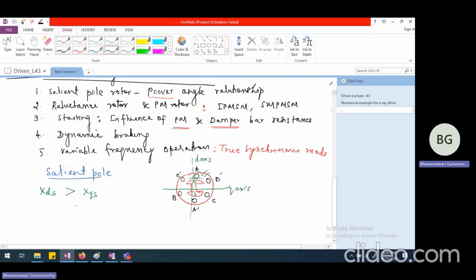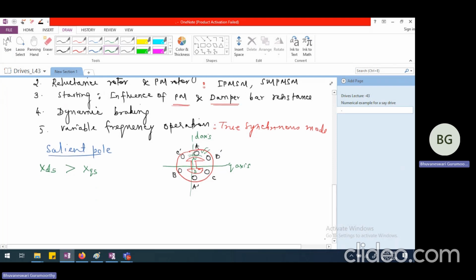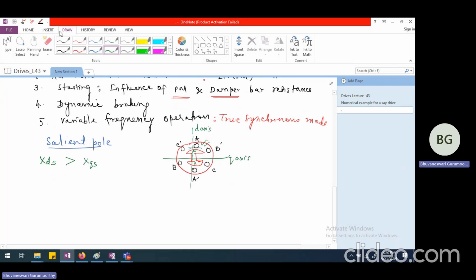So the drop that we consider in the winding along the direct axis and quadrature axis are going to be different. So it's not very easy to represent this in an equivalent circuit. So we are going to look at it from the point of view of drawing a phasor diagram.